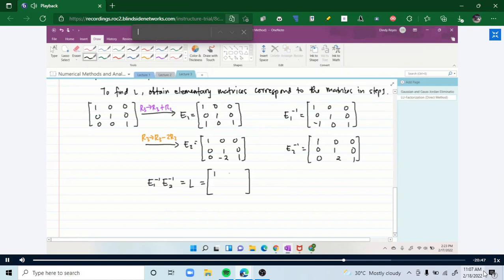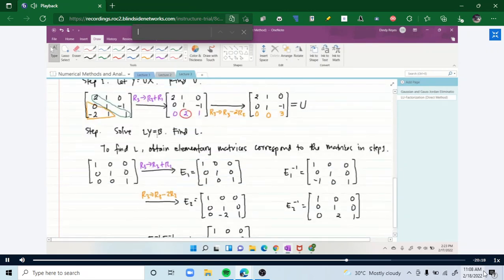So it's 1, 0, 0 common, yung rows 1 and 2. 0, and then this changed, so copy that. And then this changed also, copy. And then this is common to both of them. And as you can see, this is a lower triangular matrix because all the entries above the main diagonal are zeros.